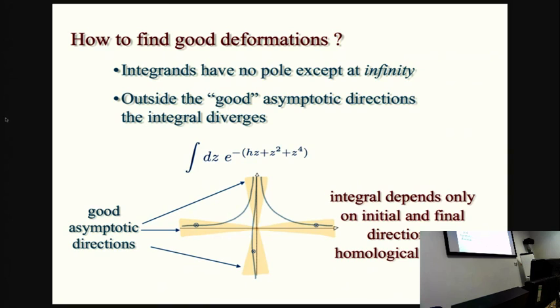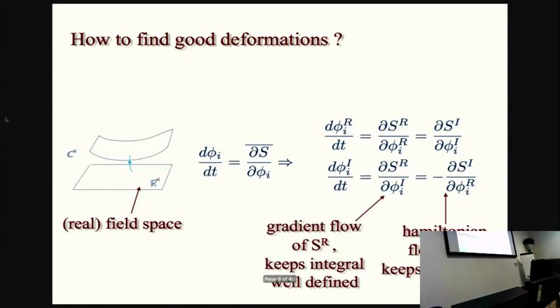But in one complex dimension, this is completely trivial, and as I said, it's something you learn in high school. In our case, this is going to be a little more complicated. So keep that in mind. Now, what I want to do is this: my real space is the space of fields. That's going to be a bunch of real numbers if I discretize them, typically of the order of millions sometimes, right?